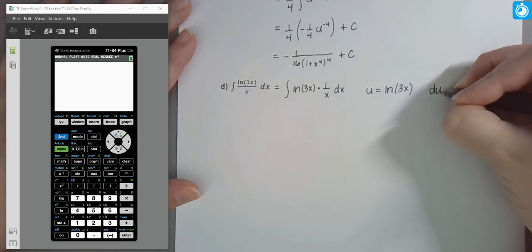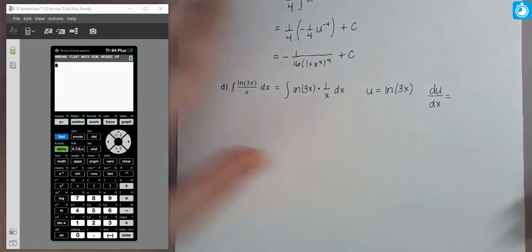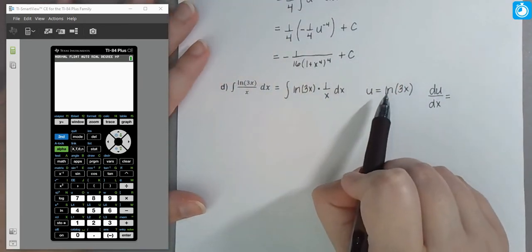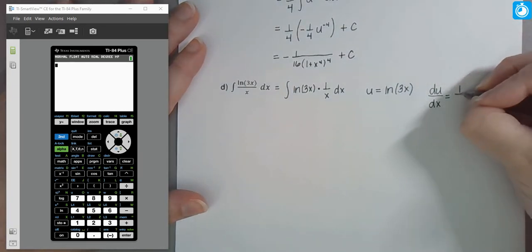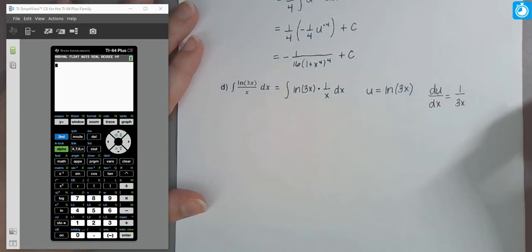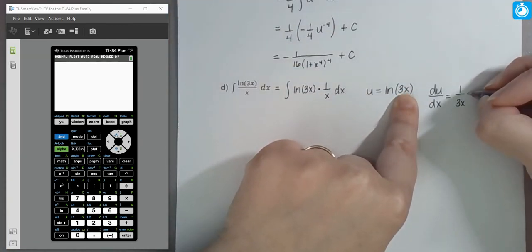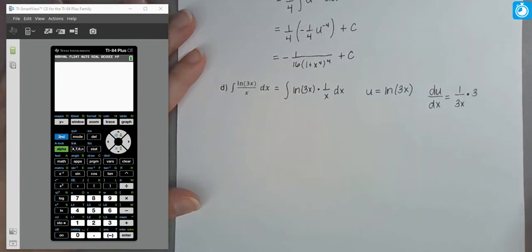Just to prove that what we expect to happen does in fact happen, what happens if we take the derivative of this function? Well, the derivative of the natural log function is going to be 1 over whatever is inside of it, so 1 over 3x. But because we have a nested function, we also have to multiply by the derivative of whatever is on the inside, which would be 3.